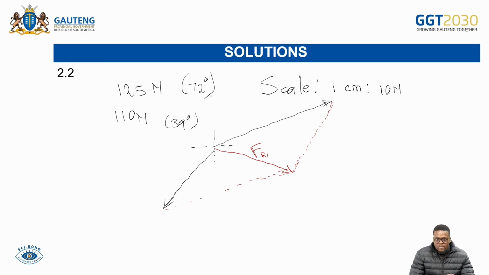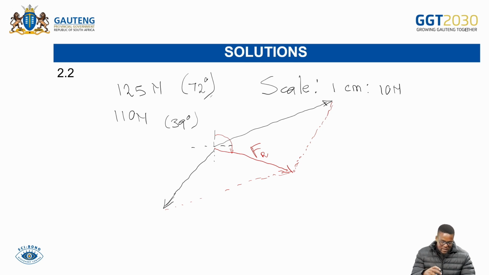Then after, you measure the angle, or you start by measuring the line. It's up to you. So you place your ruler on top of the line, you measure how many centimeters, you multiply by the 10 newtons as we have chosen from the scale. And then again, you can measure the angle between here up to here. It's going to give you the direction of the resultant using a bearing, right?